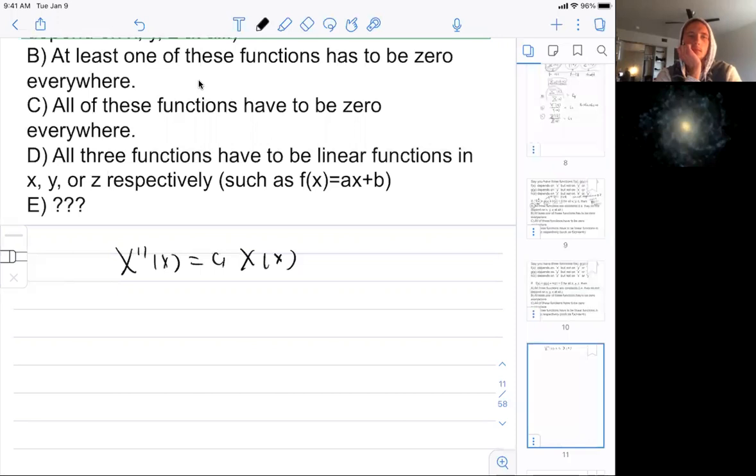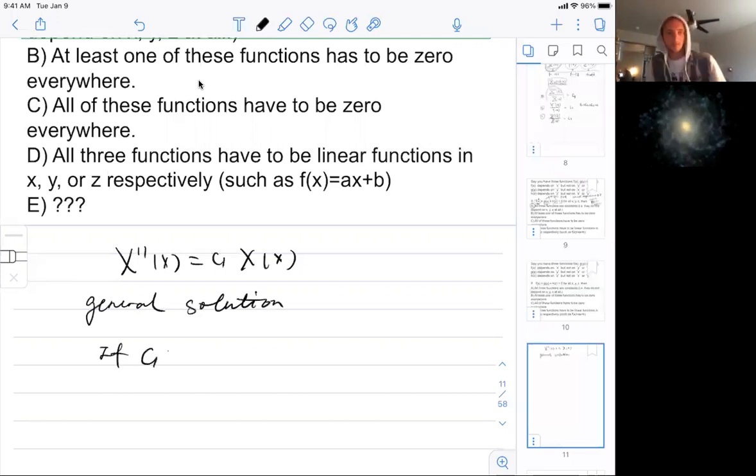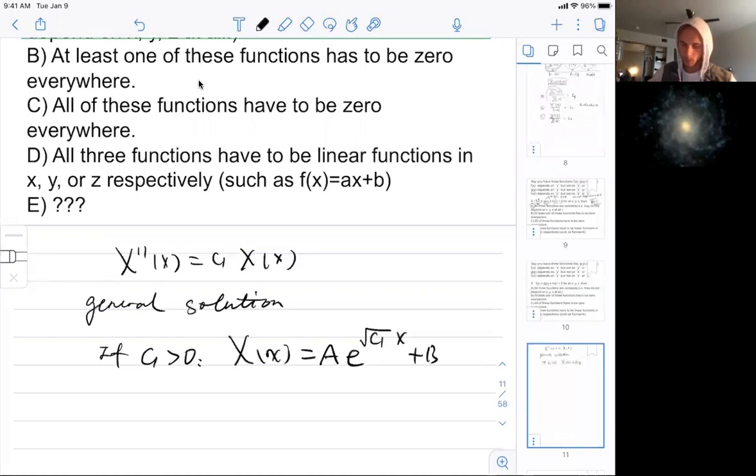Now, the general solution to that is, if C1 is larger than 0, I have this general solution: the function of x is a e to the square root of C1 x plus b e to the negative square root of C1 x.